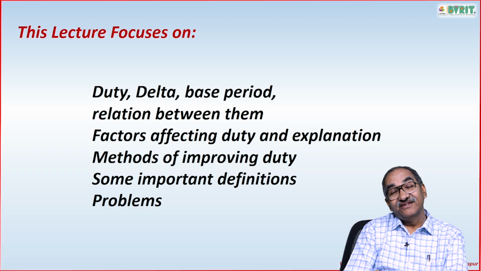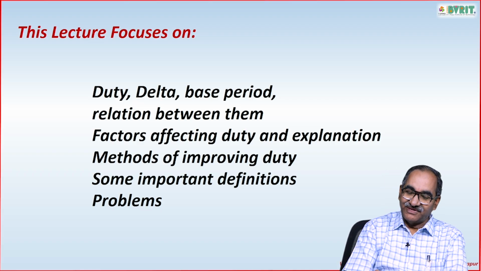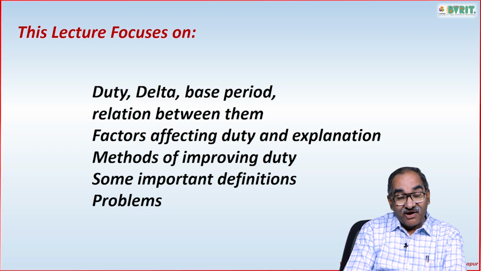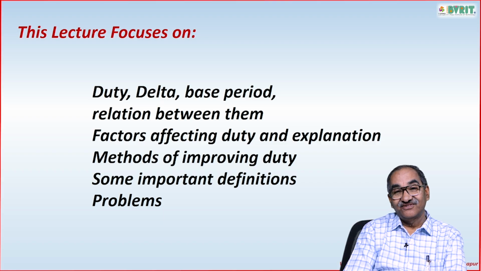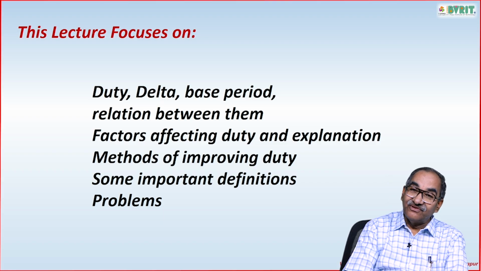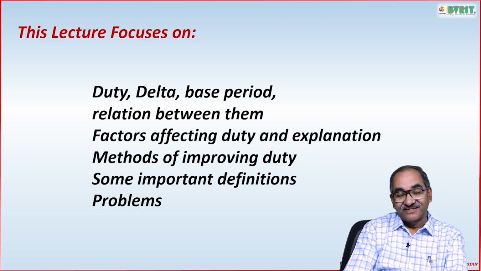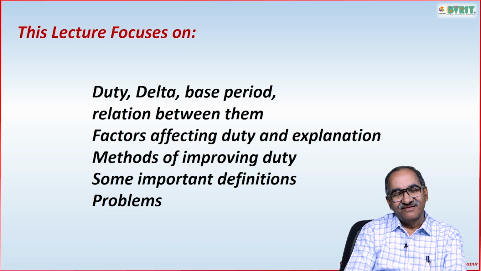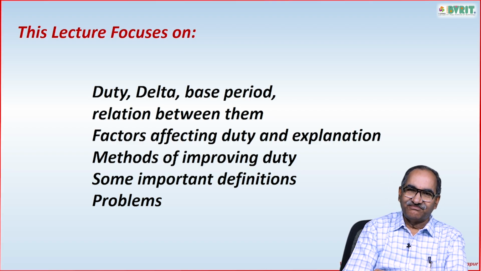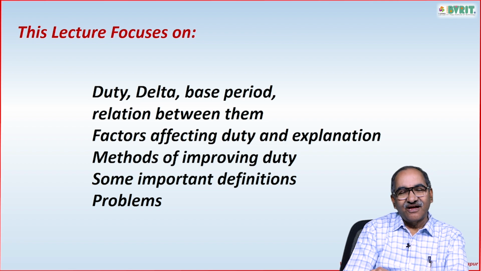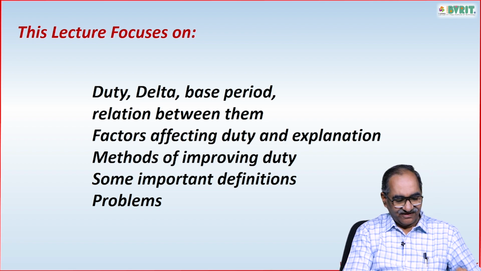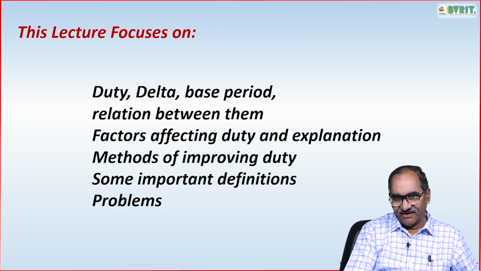Is there any relation between duty, delta and base period? And most importantly, what are the factors affecting duty and how can you improve duty? And some important definitions which we come across in irrigation. And finally, problems. So this is how this lecture is being organized, and let us take each one of them.